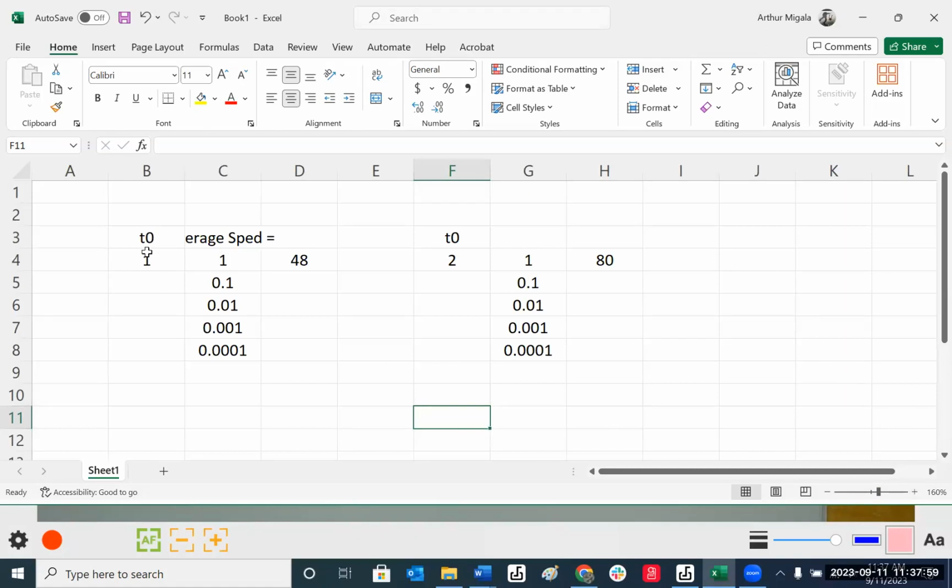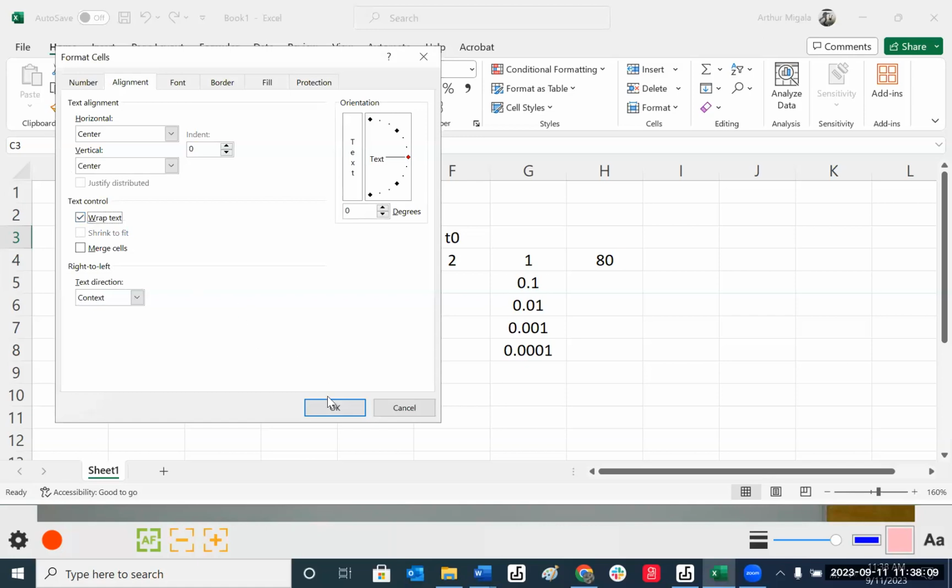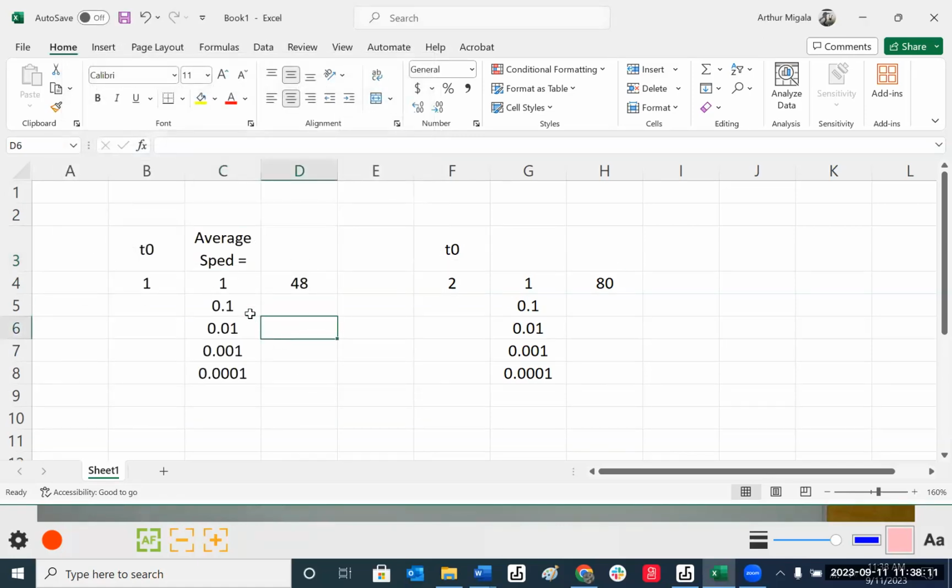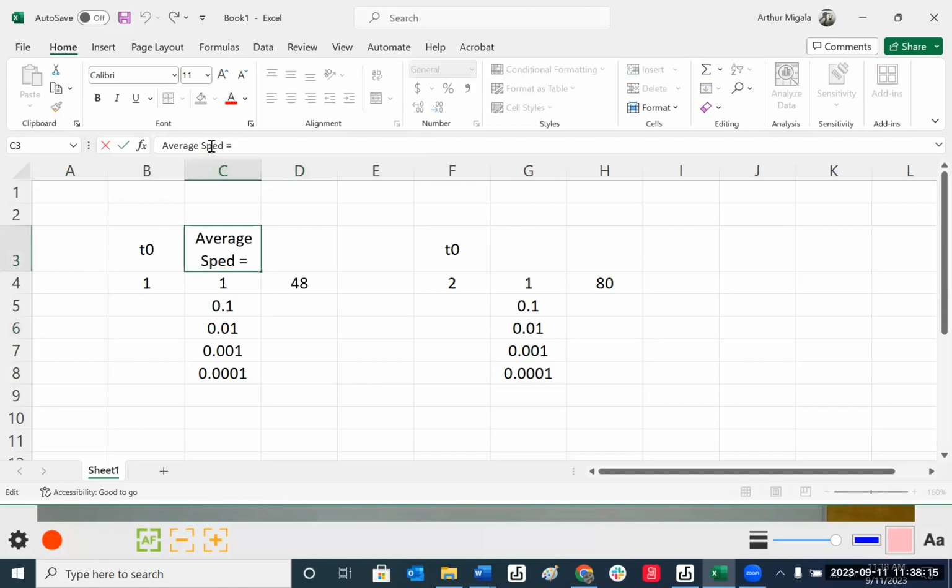So when t sub 0 equals 1, this is my h. It's average speed.